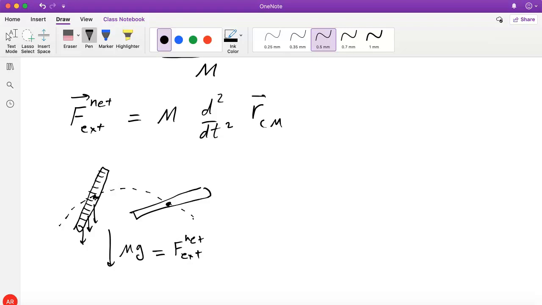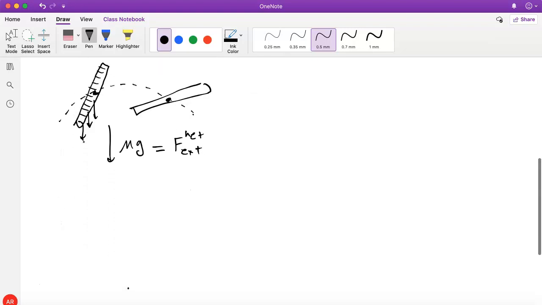And then on top of that, there's some rotation and that's something else that we should think about. But we can always think about that one point behaving very much like a point particle of mass equal to the total mass of this object under the influence of the force equal to the sum of all the forces acting on this collection of particles at different positions in space.